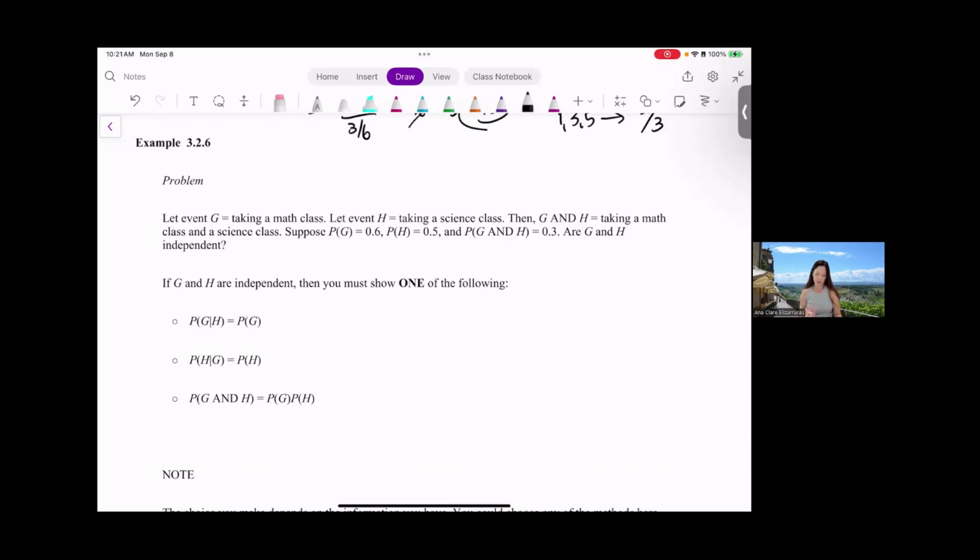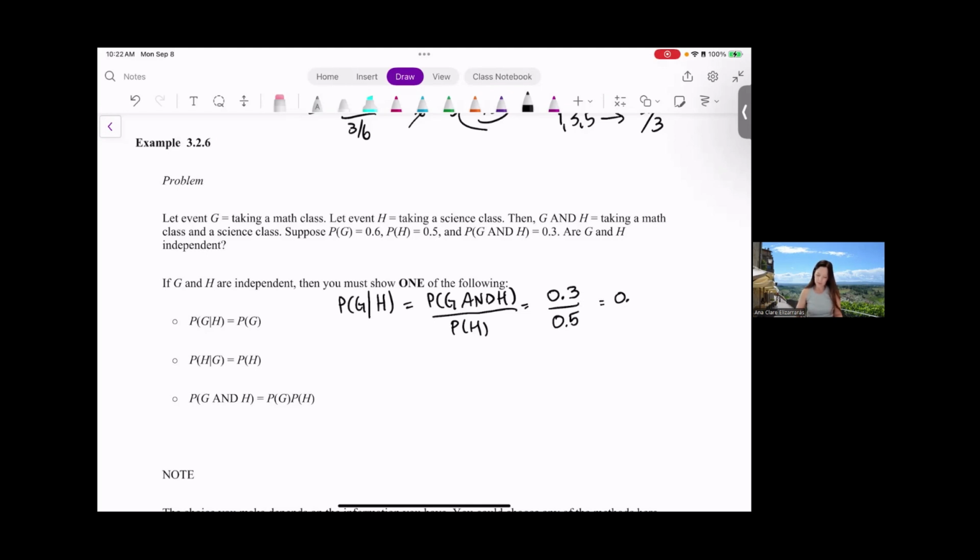I'm going to show all three. The probability of G given H is calculated by taking the probability of G and H and dividing that by the probability of H. G and H is 0.3, and the probability of H is 0.5.